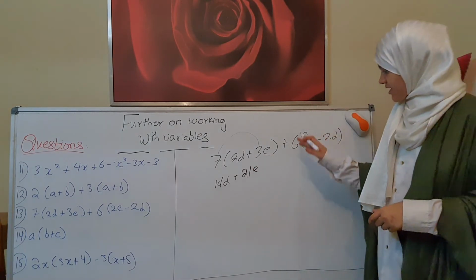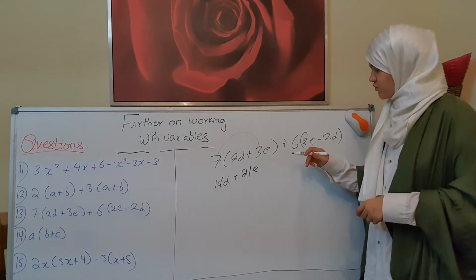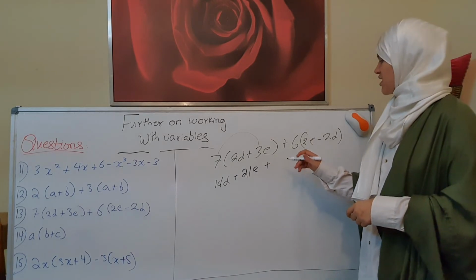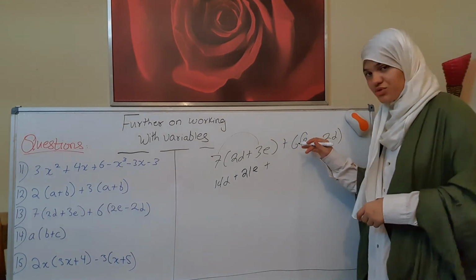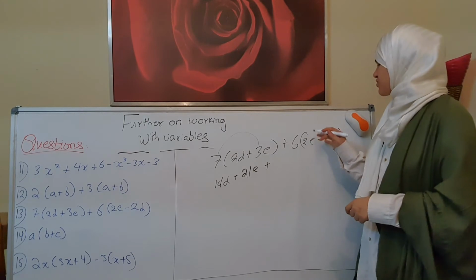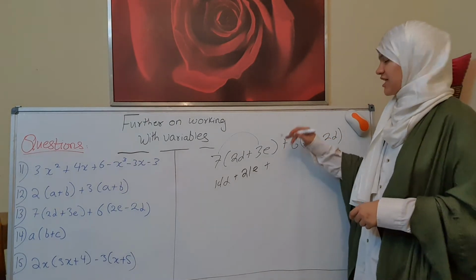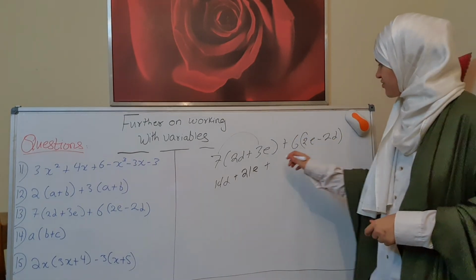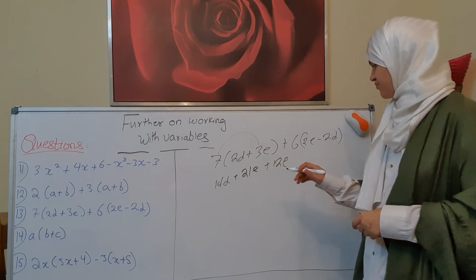Okay, the second bracket: positive 6 times 2e is positive 12e.